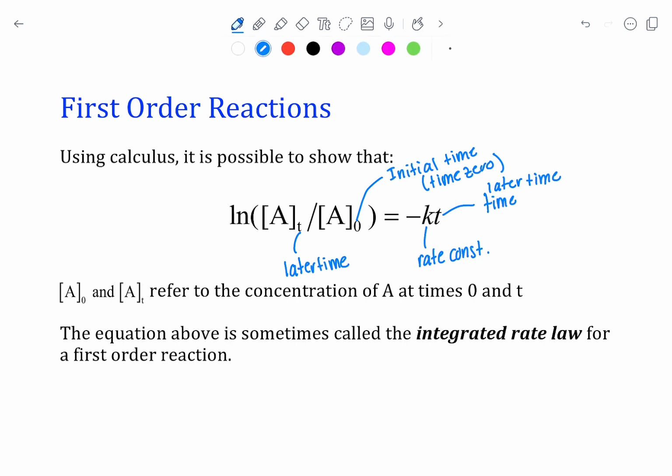Okay, so this t and that subscript t are referring to the same time. So this is what's called the integrated rate law for first order reactions, which we can also refer to as a first order integrated rate law.